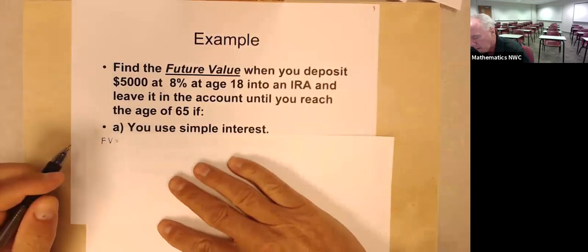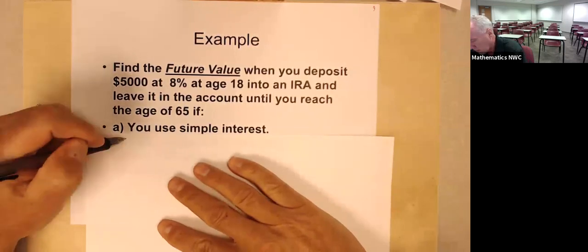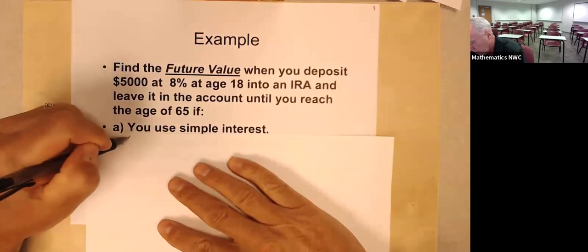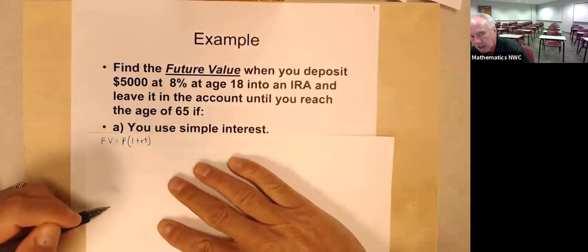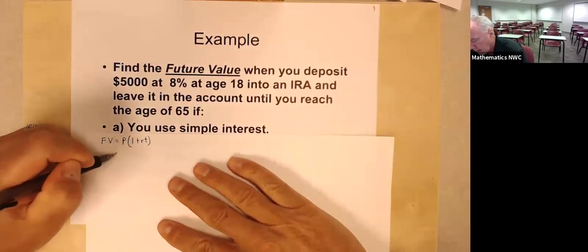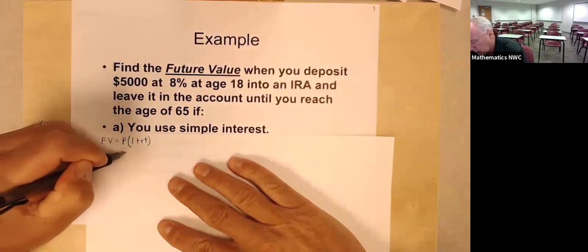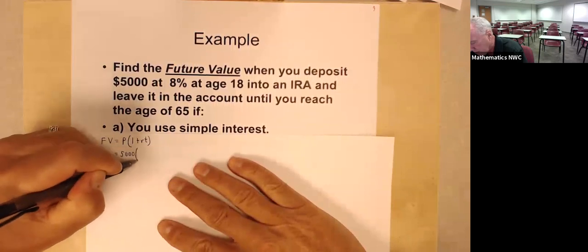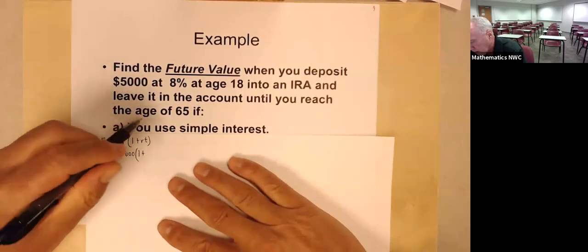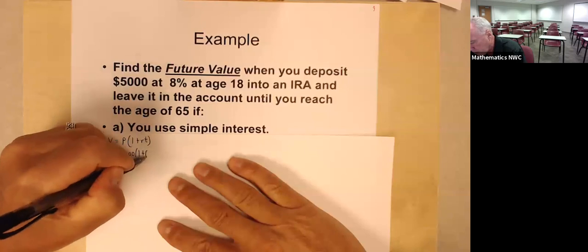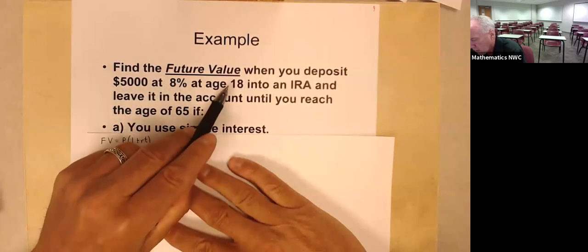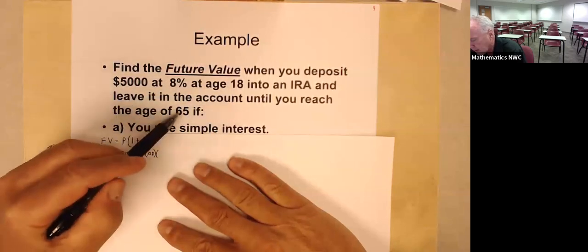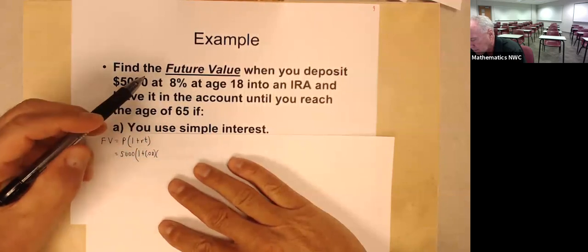The future value was equal to the principal multiplied times 1 plus RT. So in my case, my principal is $5,000, 1 plus the interest rate, which is 0.08, times the time in years. Well, from 18 to 65, how many years elapsed there?